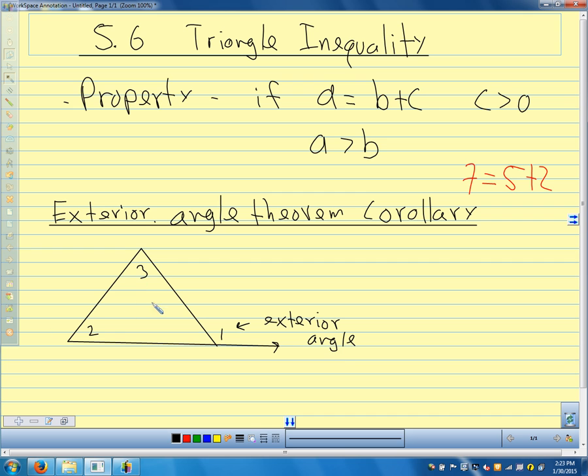Do you remember when we talked about this, what we called angle 2 and angle 3? They're the remote interior angles. They're remote because they're far away from this one, and they're interior because they're inside the triangle. So these are remote interior angles.